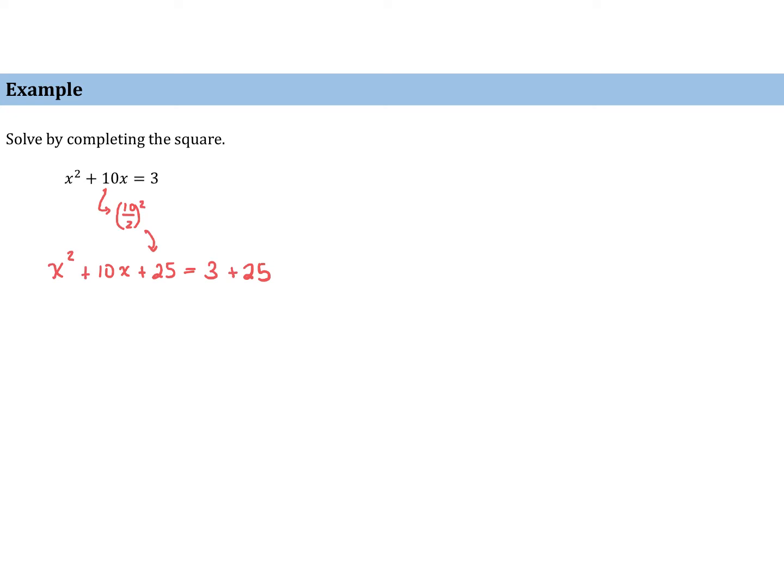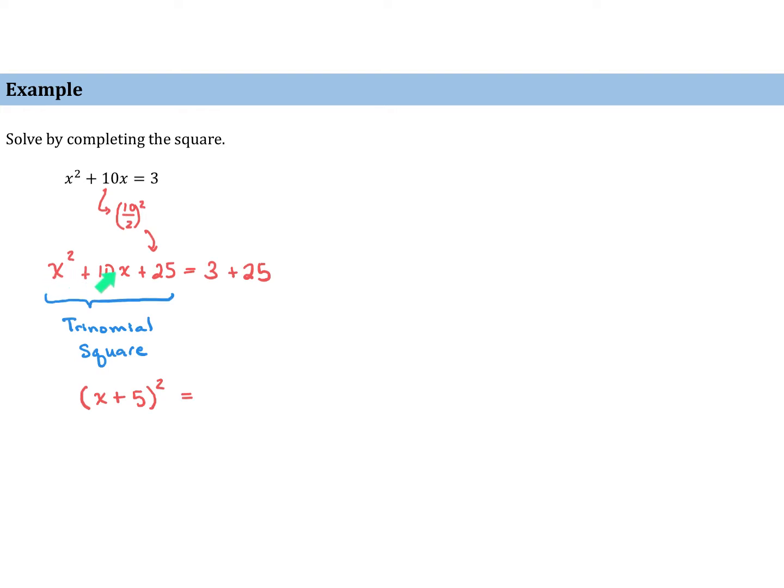Now, x squared plus 10x plus 25 is a trinomial square. Now that means that whenever we factor it, we get the same thing in each binomial. So x squared plus 10x plus 25 is the square of the quantity x plus 5.